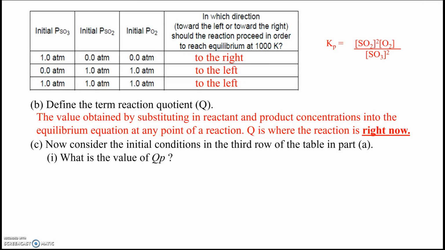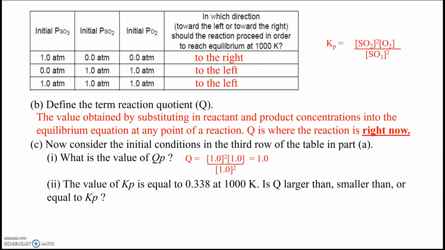All right? And we want to consider the initial conditions in the third row of the table in part A. What is the value of Q? Q is just going to be, I take the values in my table, or the values right now, and plug them into the Kp expression. Well, 1 squared times 1 divided by 1 squared is 1. And the value of Kp is equal to 0.338 at 1000 K. So the question is, is Q larger than, smaller than, or equal to Kp?